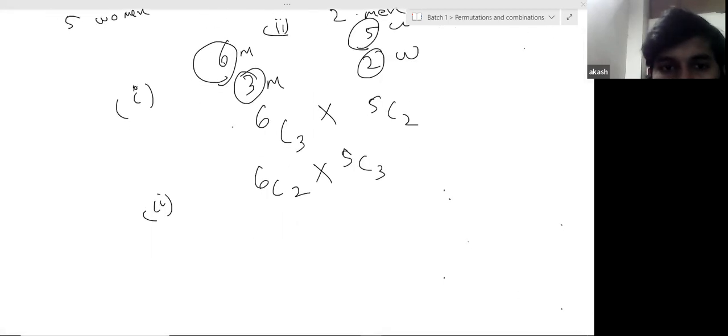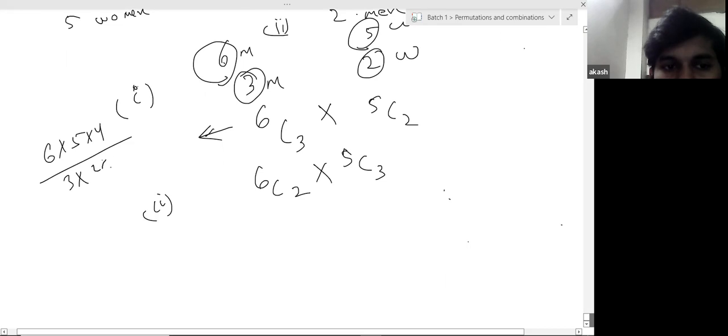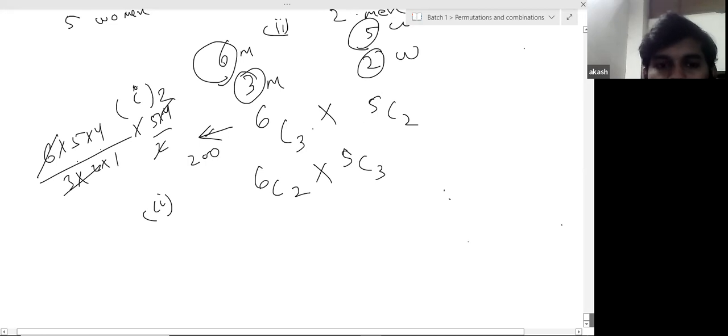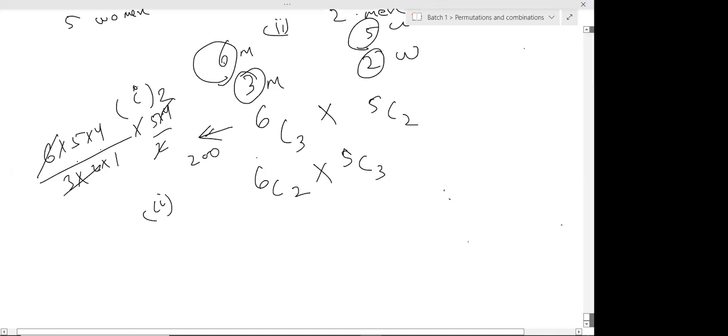Okay, solving this: 6 into 5 into 4 upon 3 into 2 into 1, into 5 into 4 upon 2. 6 is cancelled. This 2, 20, 200. Gautam, the first answer is 200, not 100. Sorry, not 120, this is 200. All right, 6C3 into 5C2. Sir, how is it 200?